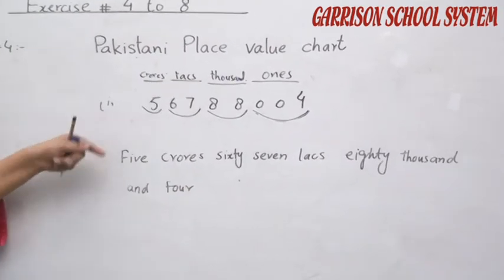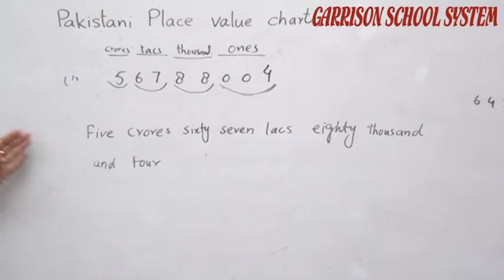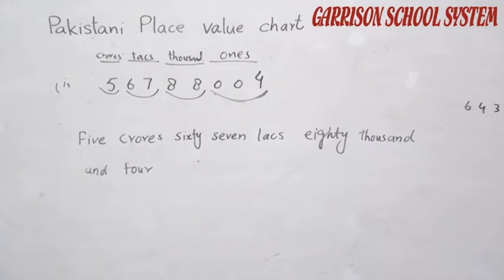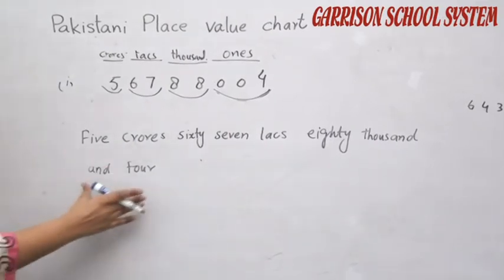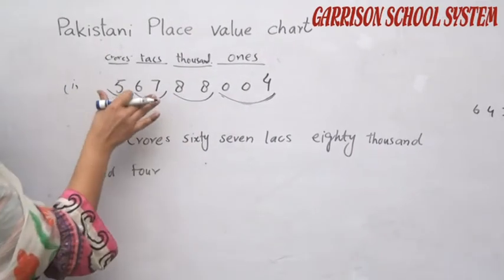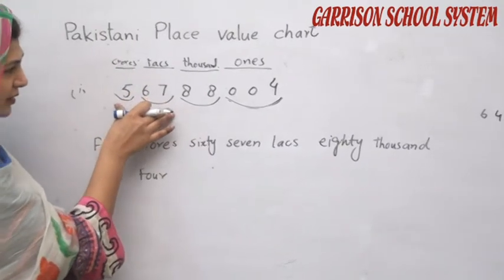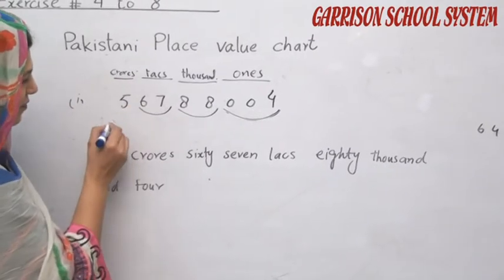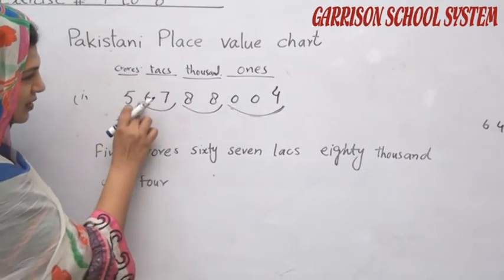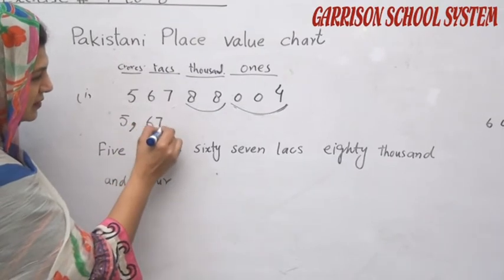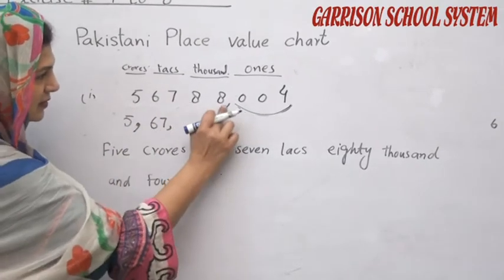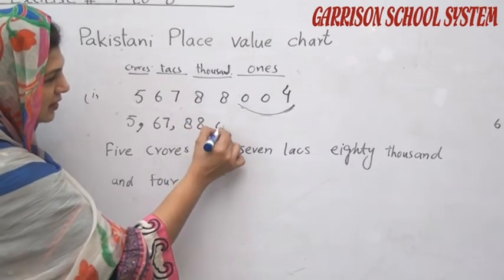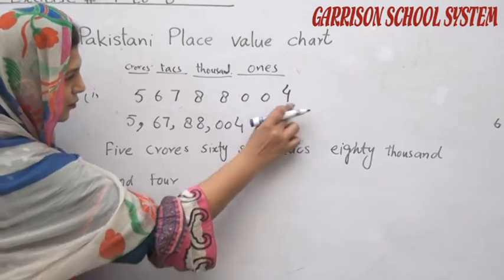So we can write this as the number name, and we can also put the commas here. If I need to put the comma here, how can I put the comma? Let's start: 5, 67 lakh, 88,000 and 4.